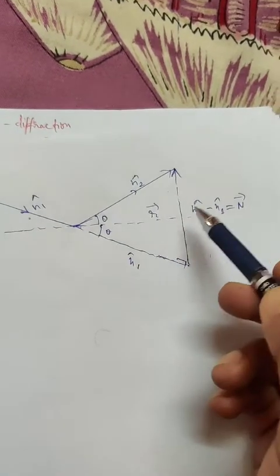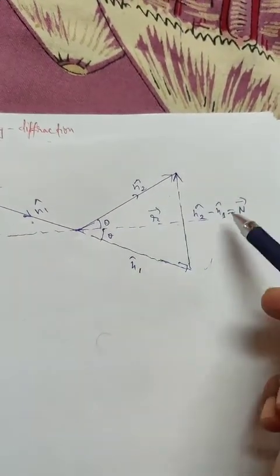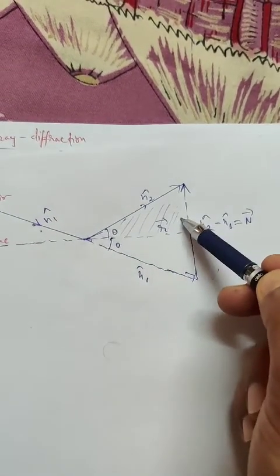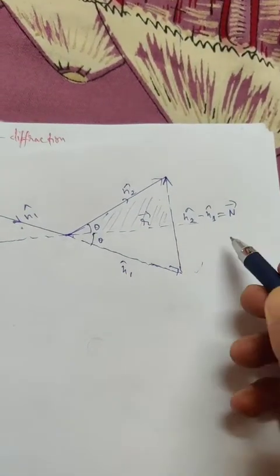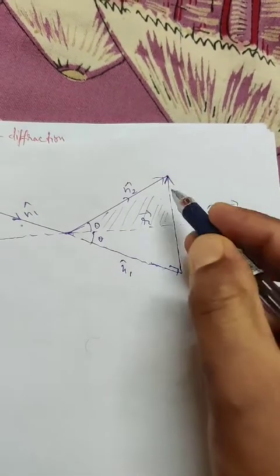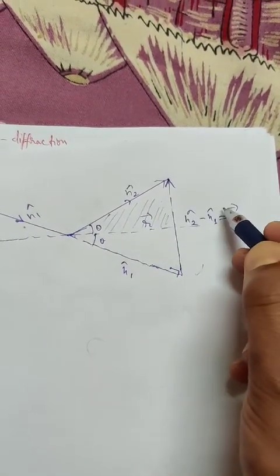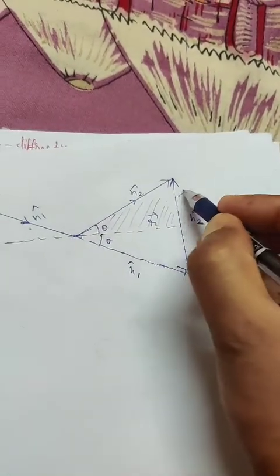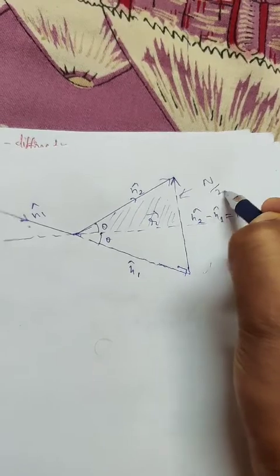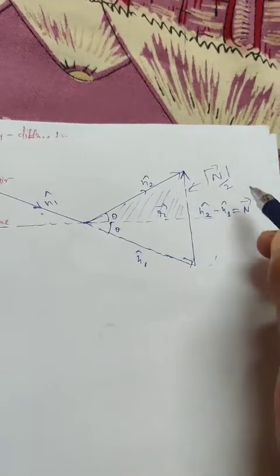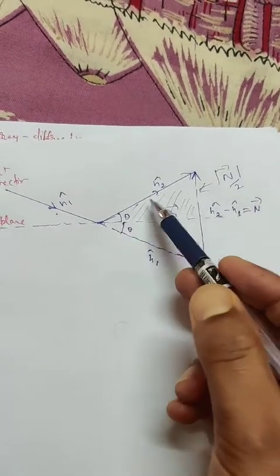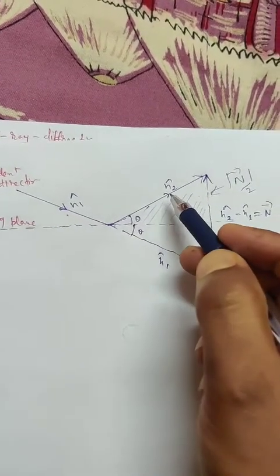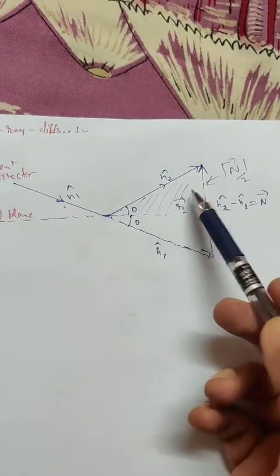And since this whole is n, if you consider this half, then this half will be n by 2 if you take the magnitude. This is theta, this is r, this is n, so this is p into h.